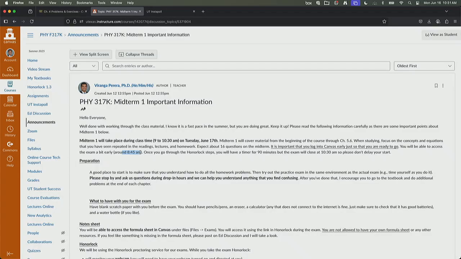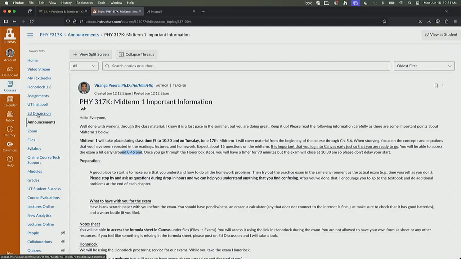Taking your picture or IDs for Honorlock doesn't count towards your time, so take your time, go through slowly, and get that done. The critical part is do not go to Quest directly. At the time of the exam, click on Honorlock, and you should be able to access it.